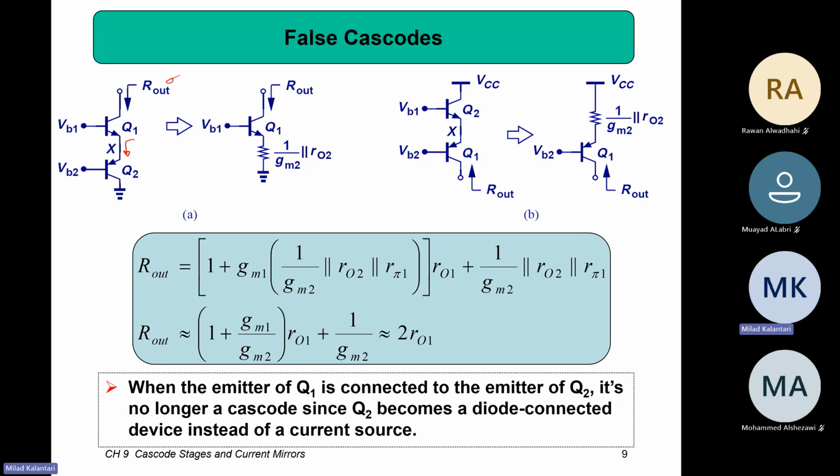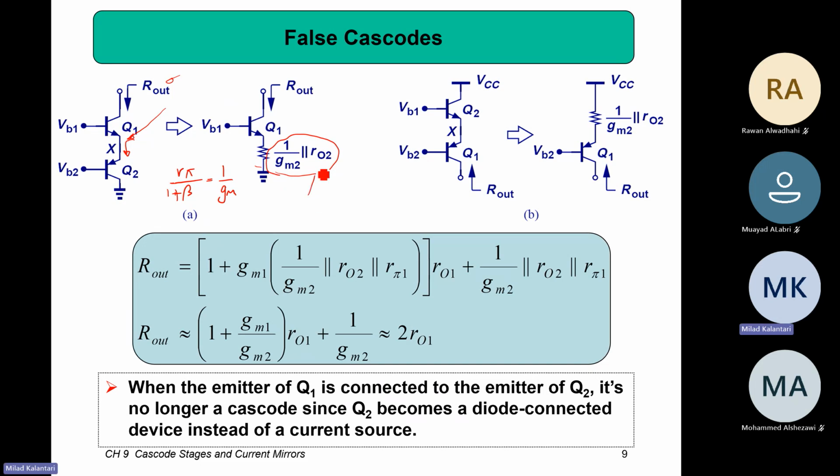The base is R pi, but from the emitter, you remember, it was R pi over beta, because the emitter current is higher, so the impedance is lower. So it would be 1 over GM, right? So seen from the emitter is not a big impedance. So if you connect the devices like this, then what we are left with at the emitter is just 1 over GM.